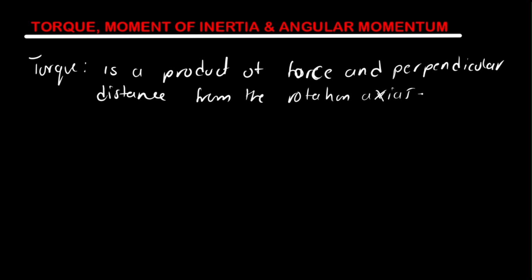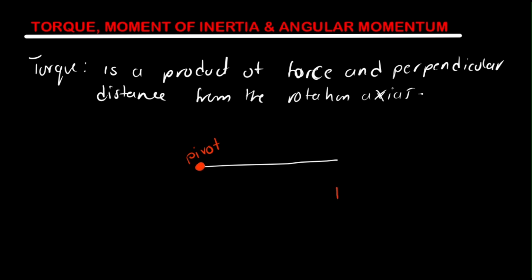Now, this means that torque is an effect that causes an object to rotate. Why am I saying so? Because if you look at this, here is where the object is rotating, or this is where your pivot is, the rotation that is taking place.